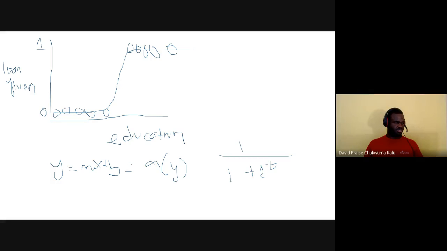This z is this function over here, mx plus b. And so, for example, if a person falls under this category here, we could put it up here and say that the person was given a loan.